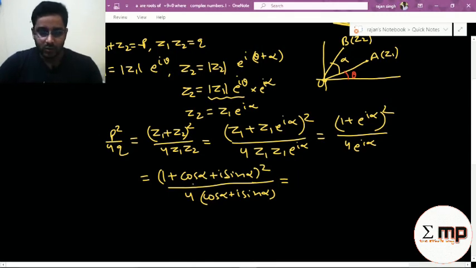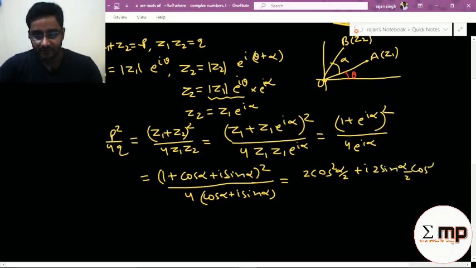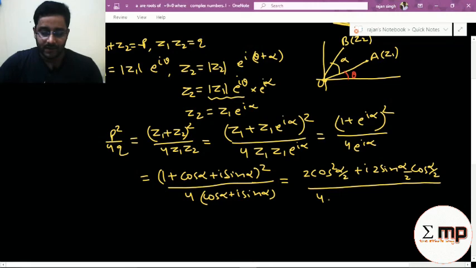So 1 plus cos alpha: 1 plus cos theta is 2 cos square theta by 2. And sin alpha is 2 sin alpha by 2 cos alpha by 2. Similarly the denominator is 4 times cos alpha plus iota sin alpha, leave as it is.